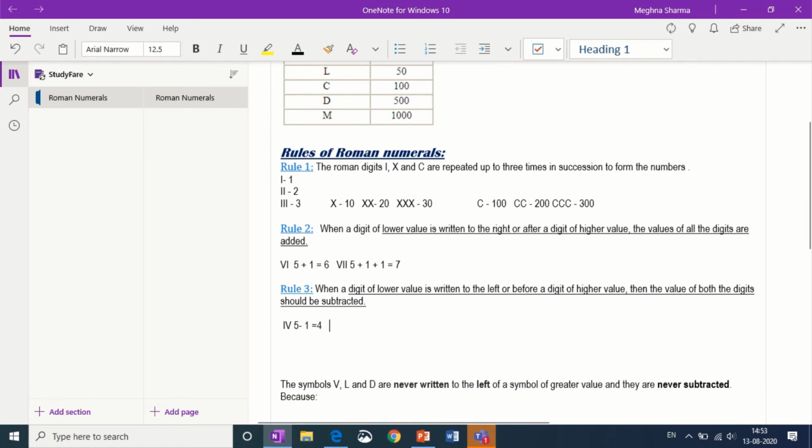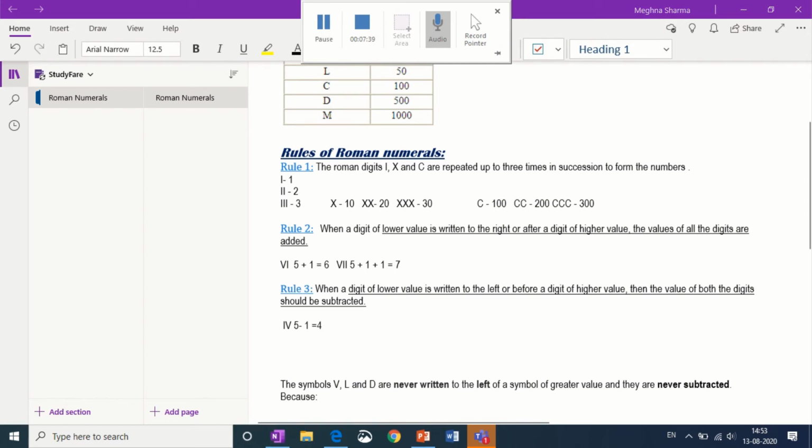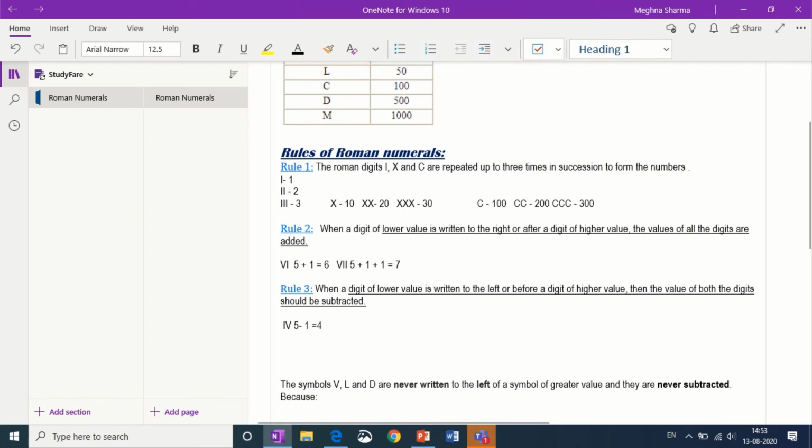Now how do we write 40? For 40, 50 minus 10 is 40, right? Means 40 is less. If you add 40 plus 10, you get 50. For that, we have to write X and L. X is equal to 10 and L is equal to 50 over here.